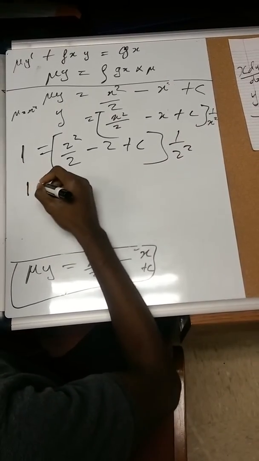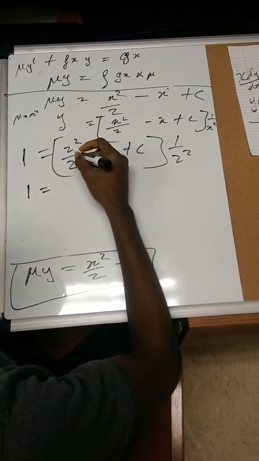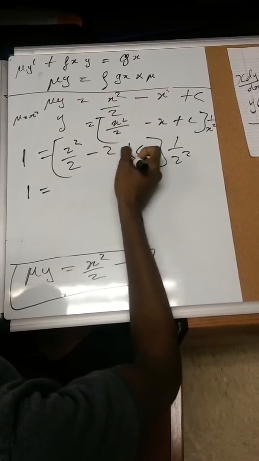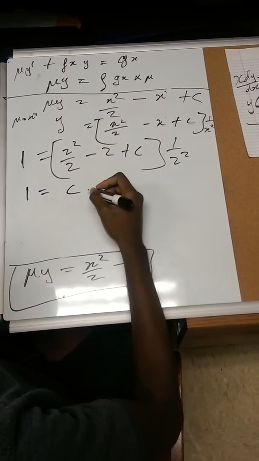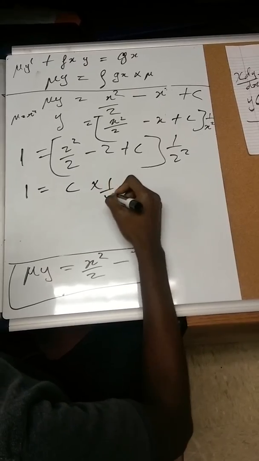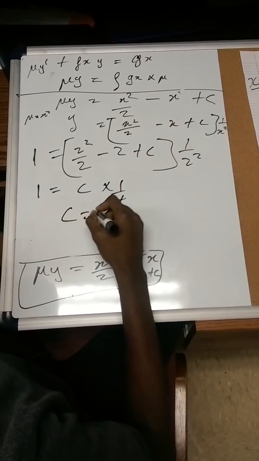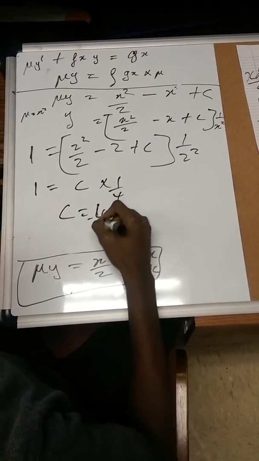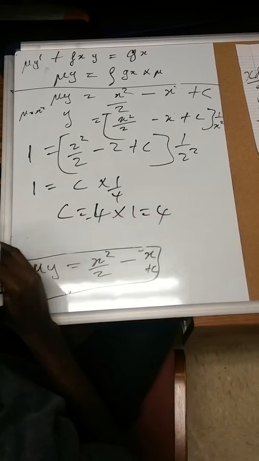So that means that 1 should be equal to 2 squared divided by 2, which is 2, minus 2 is 0. So that means c times 1 over 4. So c is equal to 4 times 1, which is 4.